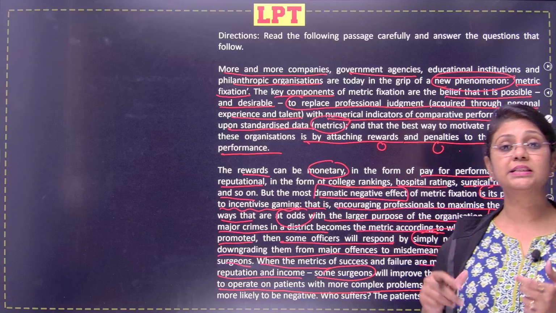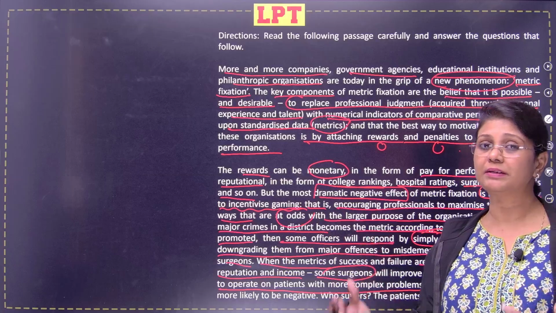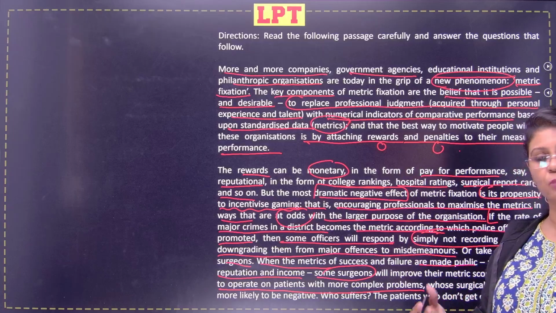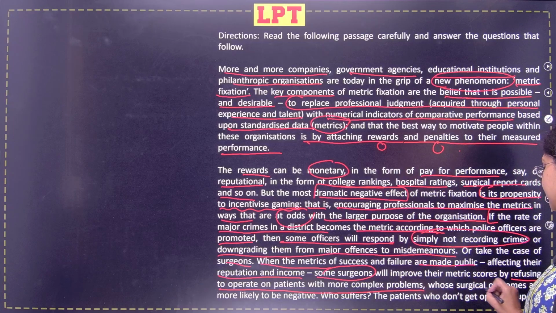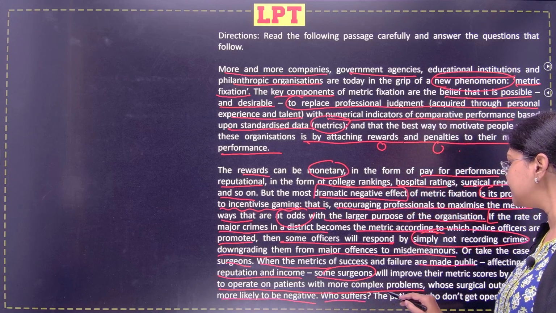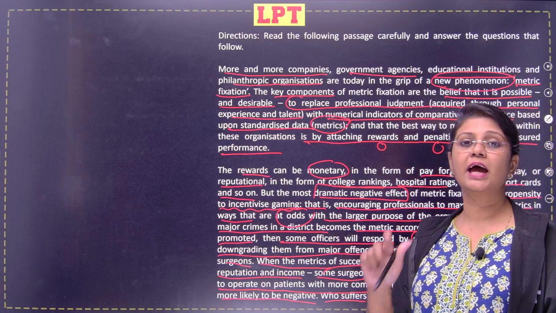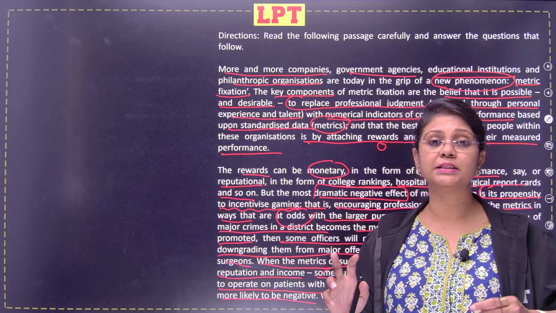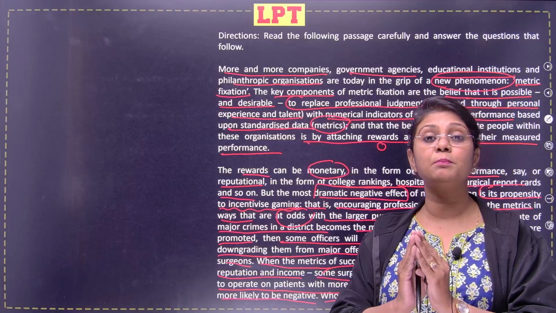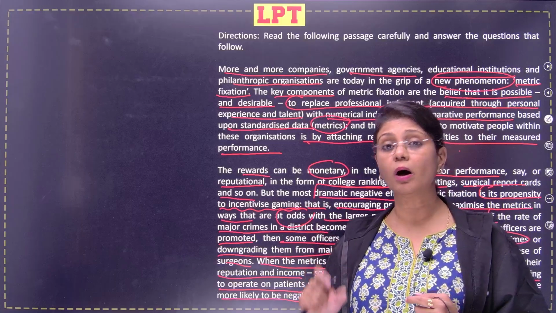Again, this is a negative outcome of metric fixation. Some surgeons would not take up cases with far more complex problems, whose surgical outcomes are more likely to be negative. Who suffers? The patients who don't get operated upon. So the author has used these two examples to emphasize the fact that metric fixation can be misused as a parameter to judge reputation or performance.